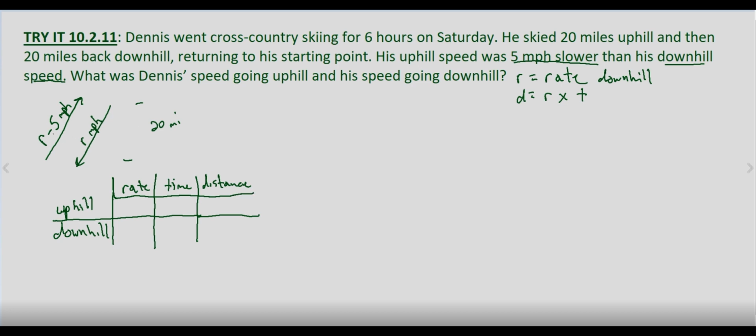So his rate going uphill is R minus 5. His distance is 20 miles. Downhill, his rate is R, and the distance, again, is 20 miles.